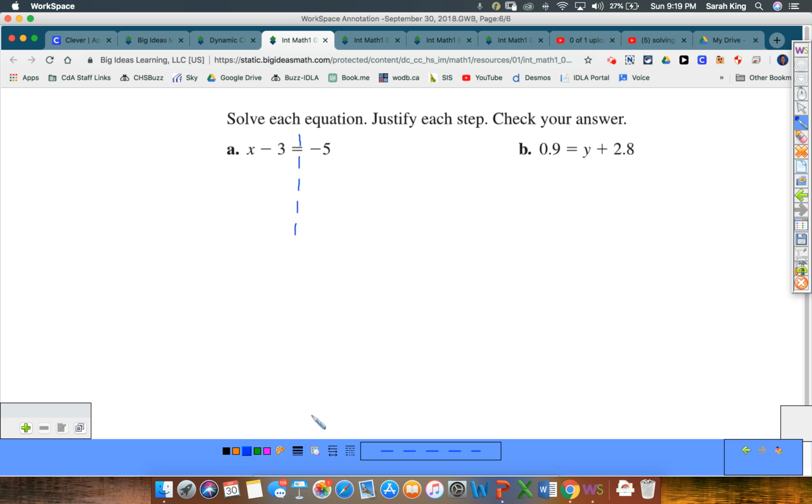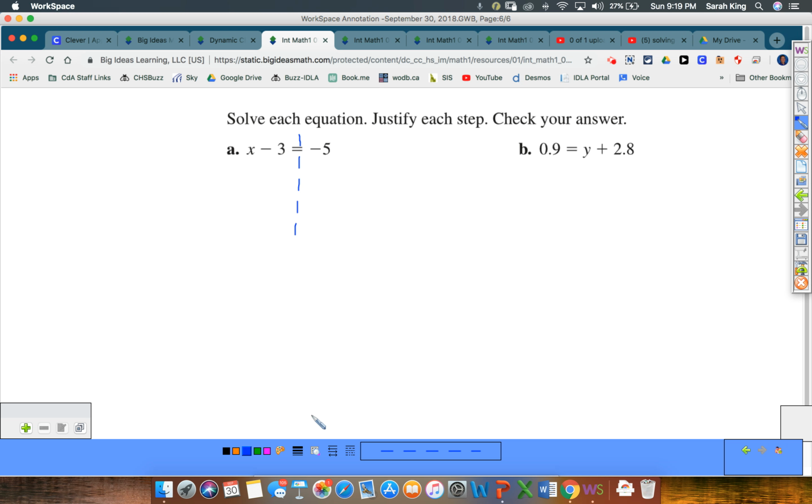On one side, it should equal the other side. We tend to go to the side that has the variable, and then we try to get that variable all by itself. We call that process of undoing things, or inverse operations, isolating the variable.